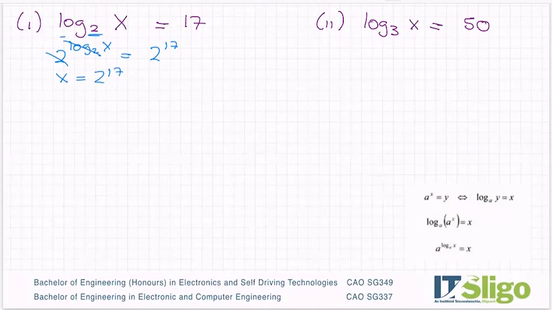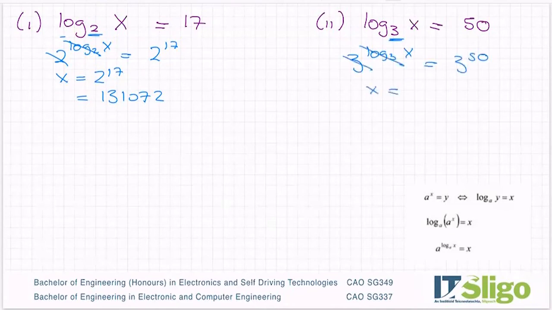Let me just put that into the calculator. It's 131072. And the same way over here, my base is 3. So if I raise everything up by 3, I get a huge number here, about 10 to the 23.